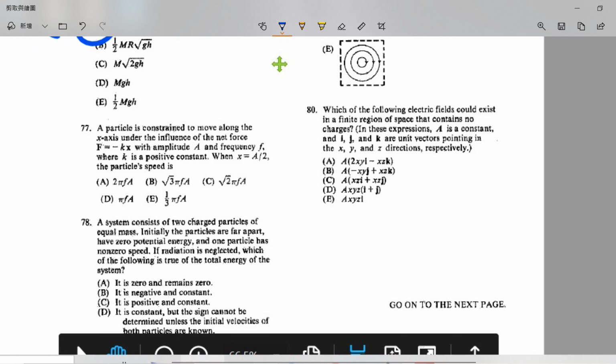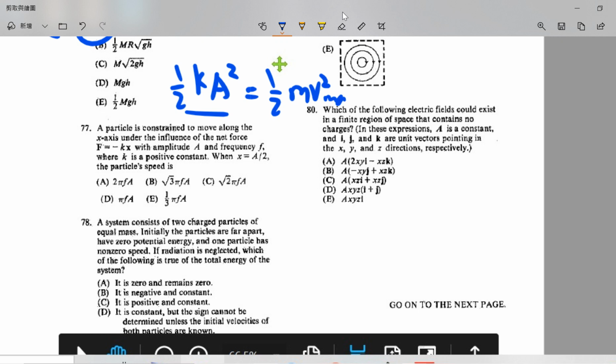Simple. So 77: a particle is constrained to move in x under a net force. So simple harmonic oscillation, right? But not quantum mechanics. What we need is just the standard harmonic oscillation. When x equals A over 2, find the particle speed. So the total energy is, when it reaches the maximum, then this one should be this one.